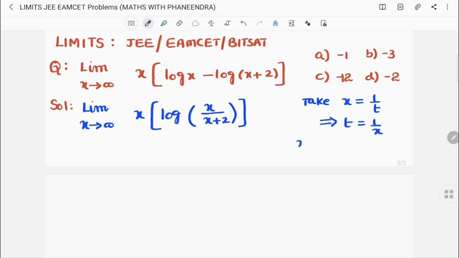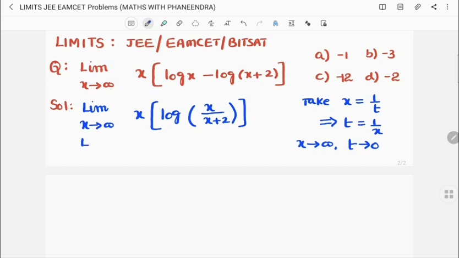As x tends to infinity, t tends to 0. That is important. X tends to infinity, t is equal to 1 by x, which is 1 by infinity, and anything by infinity is 0. So wherever x tends to infinity is there, you have to replace it with t tends to 0, and wherever x is there, you replace it with 1 by t.